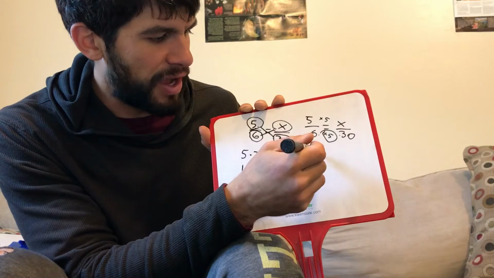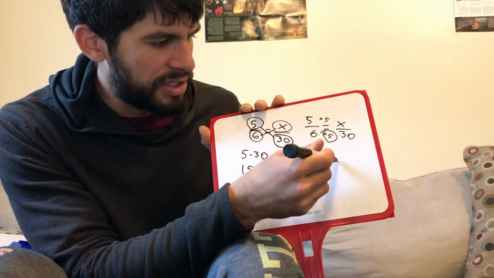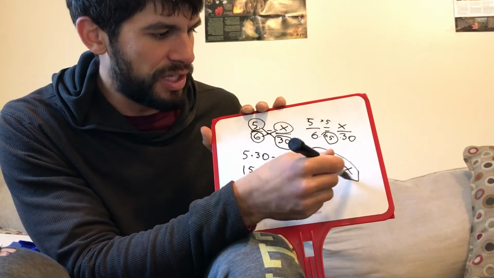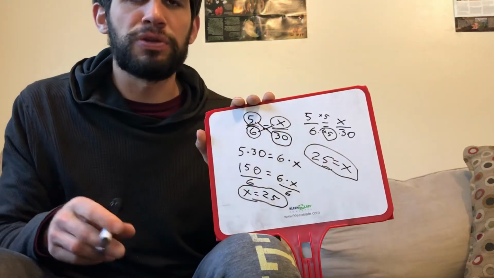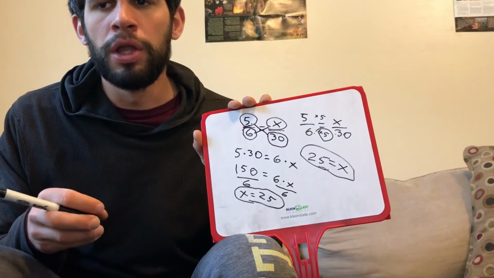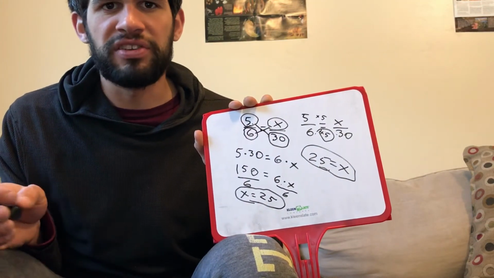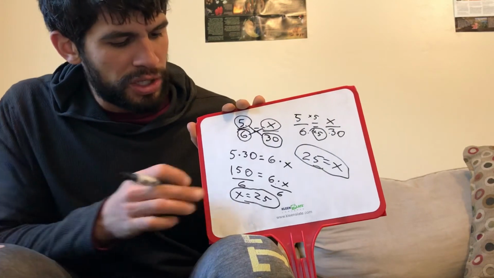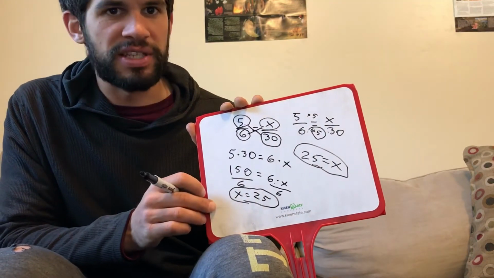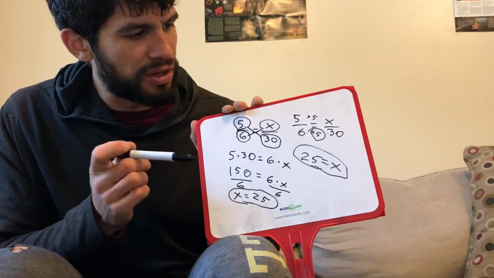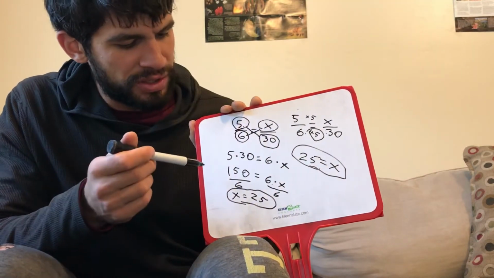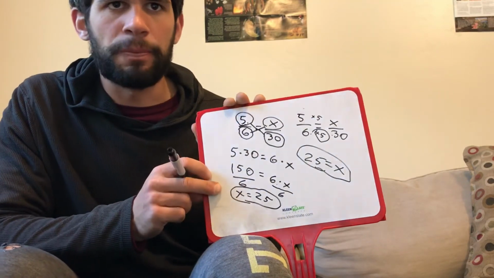And 5 times 5 is equal to 25, so that means that x has to be equal to 25. This is more similar to what we were doing when we were looking at equivalent ratios and reducing ratios. So both of these two methods will give you the same answer. We can either use equivalent ratios, or we can use algebra.